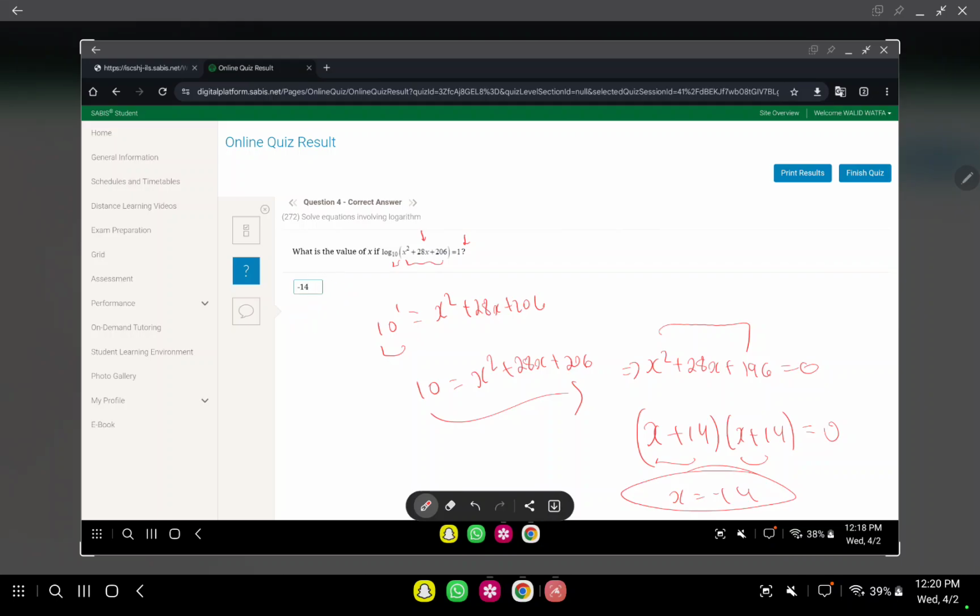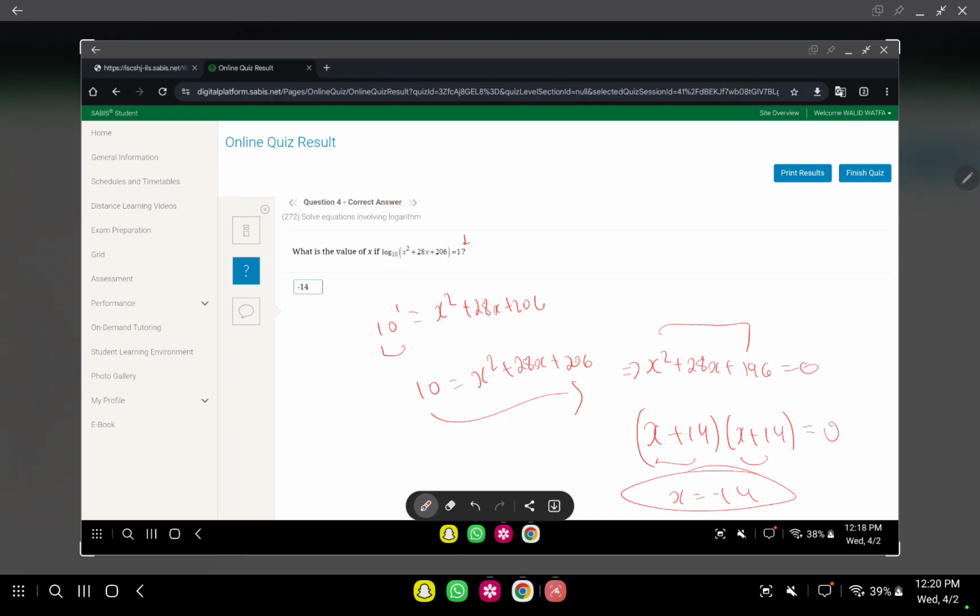Someone might come and tell me, so Walid, isn't x supposed to be greater than 0 in a log? How do you get negative 14 as your answer? I understand, and that's completely fine to ask these questions. But x means the whole thing that's under the log. Here, I'm telling you just the x value here is negative 14. When you add it all up, you're going to get something that isn't negative.